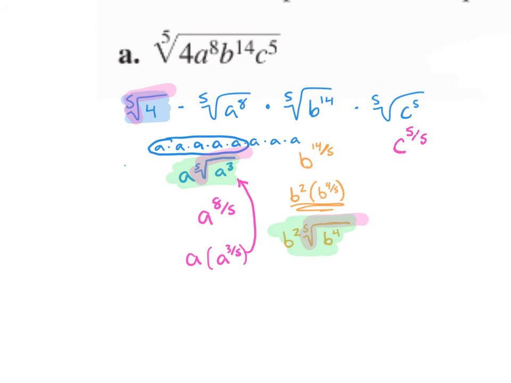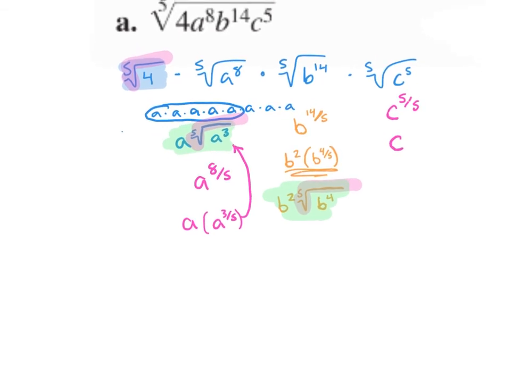So 1 c comes out, and we don't have anything left on the inside. So now we take everything that came out on the outside and put it together. So we have 1 a, 2 b's, and 1 c. So a, b squared, c. And then everything on the inside goes back on the inside.